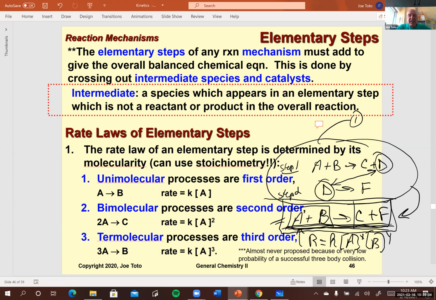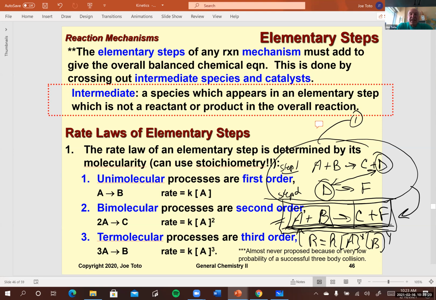All right, well, we're going to get some more practice with that. But I'll just throw in here right now the difference between an intermediate and a catalyst. A catalyst is something that speeds up a chemical reaction, but it doesn't get consumed, right?